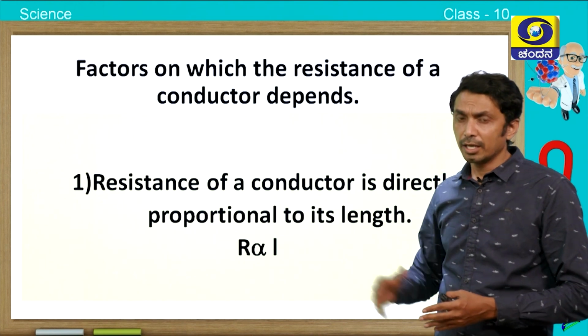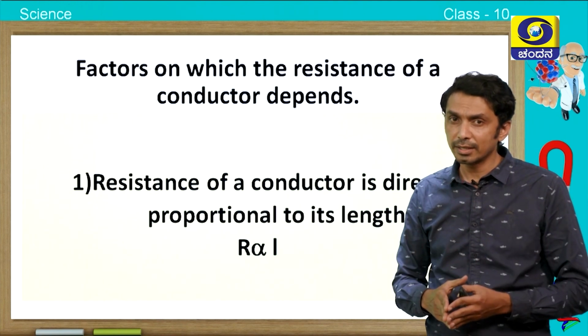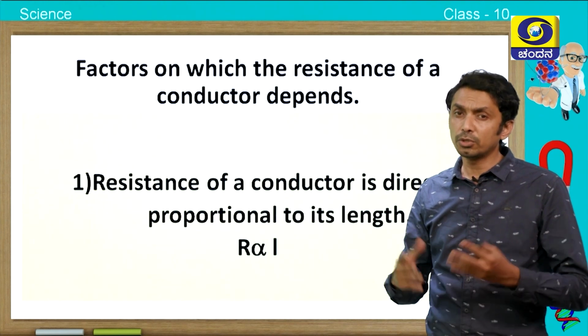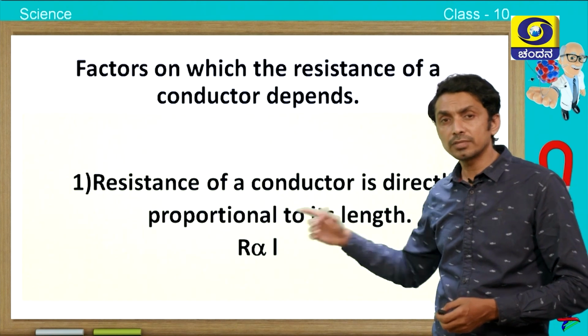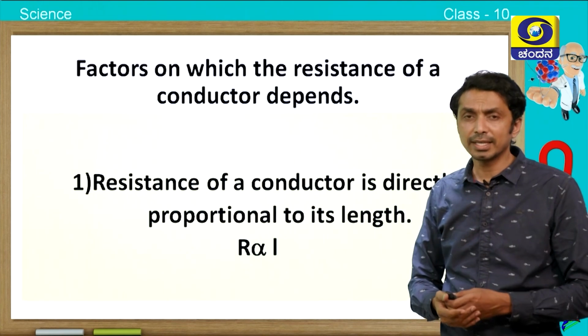That means if the length of the conductor is more, then the resistance of the conductor is also more, even if they are made of the same material. That is why we have mentioned resistance is directly proportional to the length of the conductor.